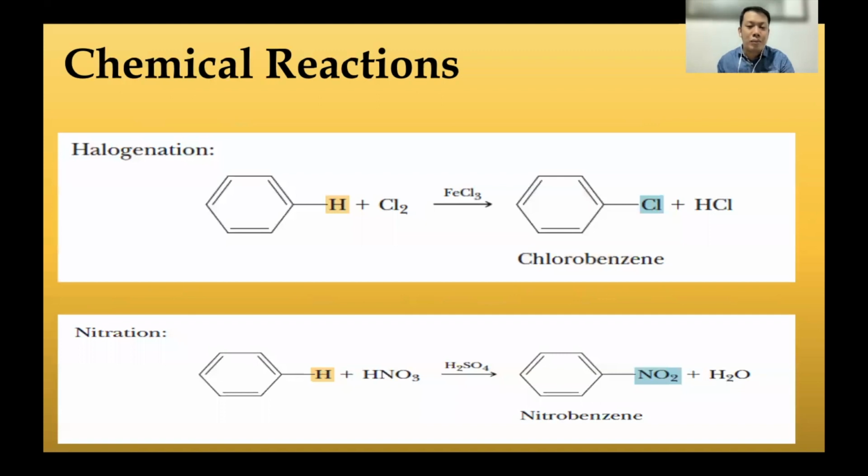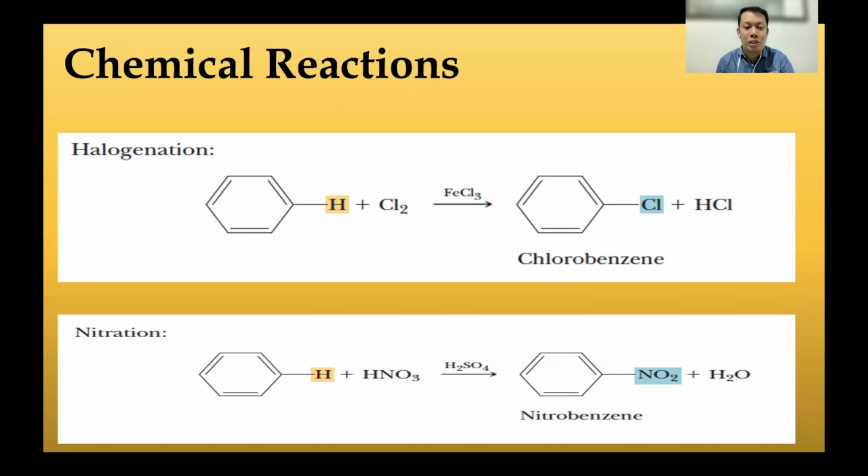So these are examples of the chemical reactions of benzene. You have here halogenation. In halogenation, here is your benzene plus chlorine. Chlorine is a halogen, making it the process of halogenation. It will lead to the formation of chlorobenzene, and of course, there's an acid.